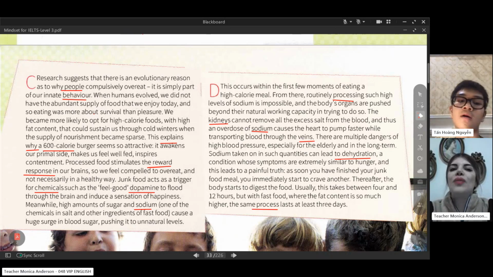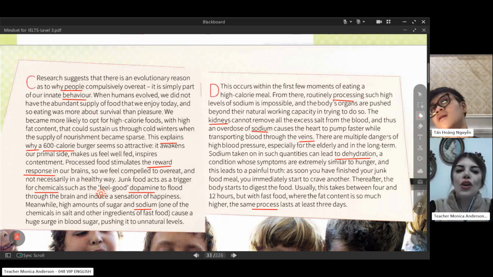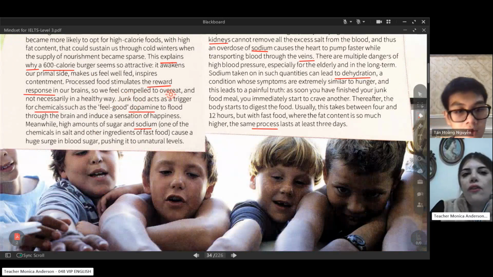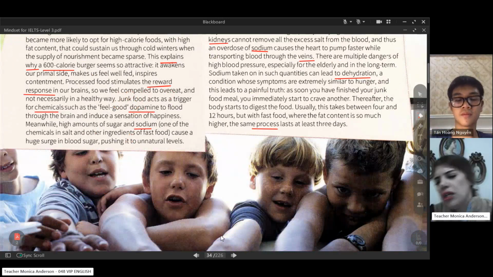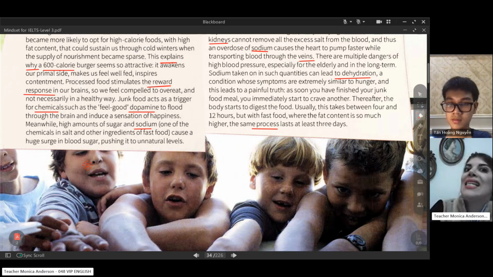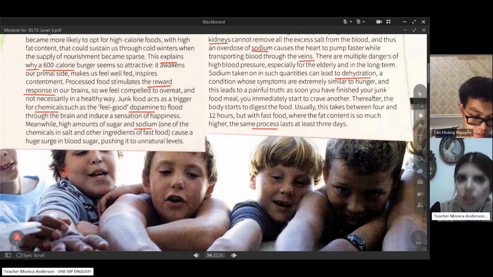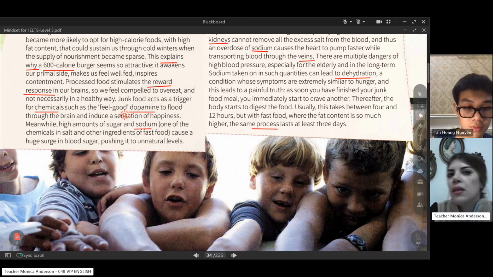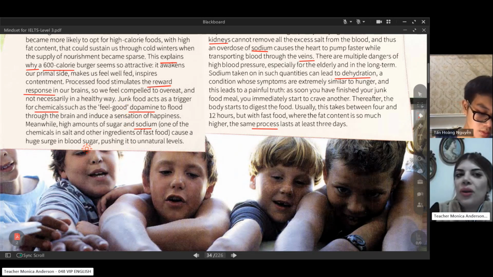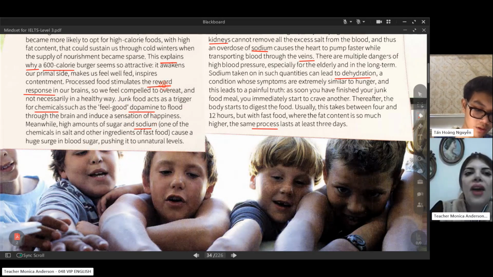So when we say reword here, it's easy, of course easier than the IELTS test because it should be. But sometimes we have some anchor words and they won't be changed. So here I could find these two keywords, reward, response.